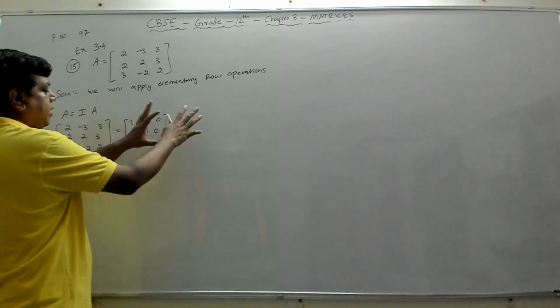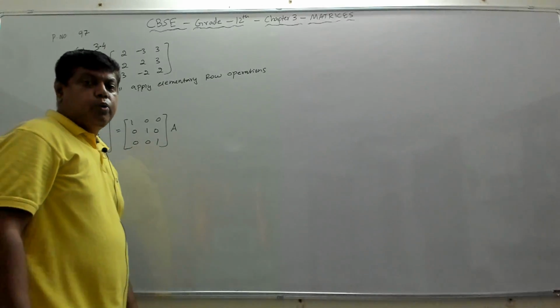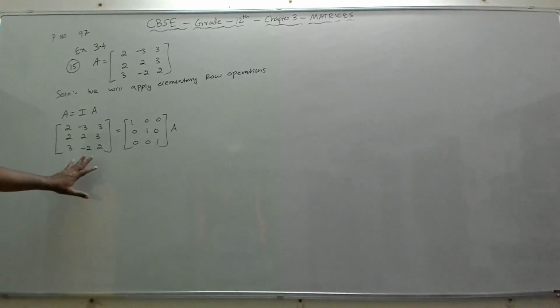Don't substitute the A matrix again. The first step is to write A as I into A, because we are going to apply the row operations to find the inverse of this matrix.